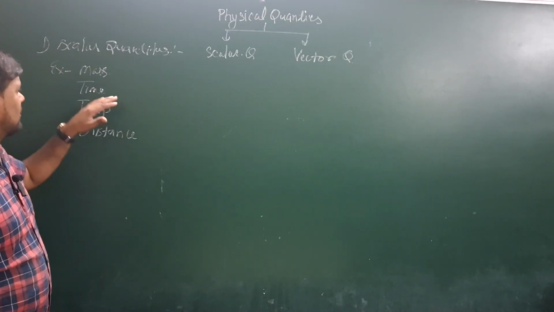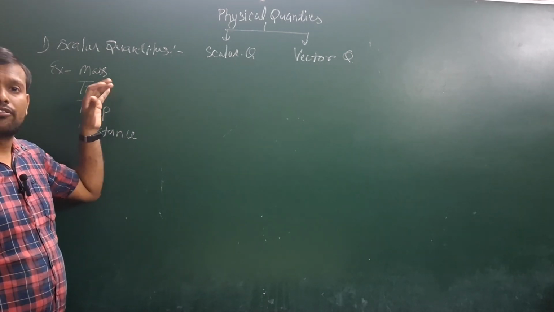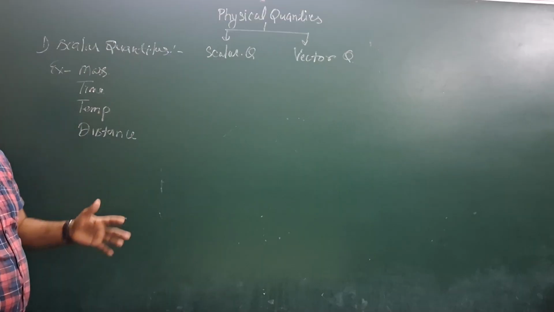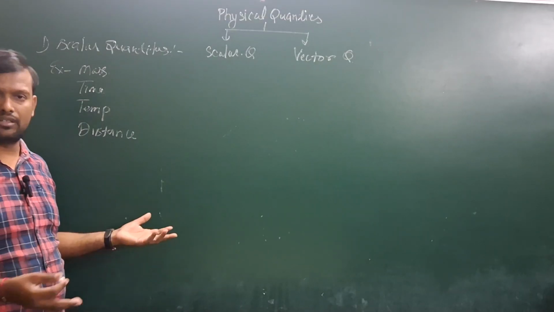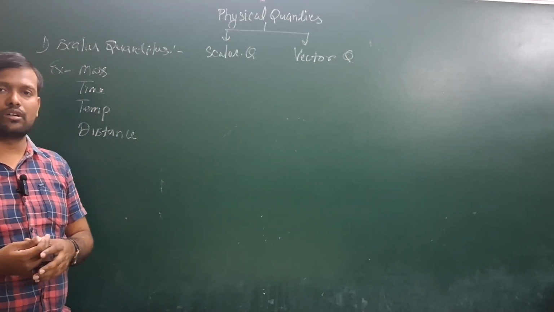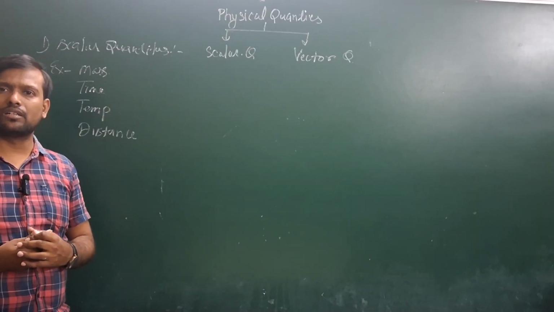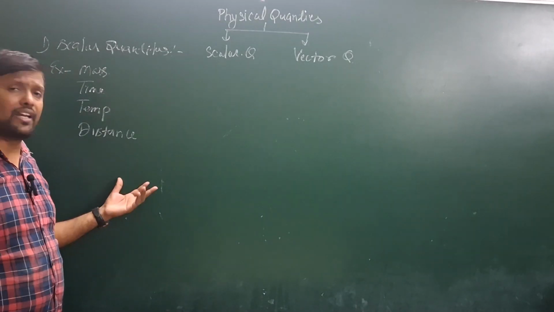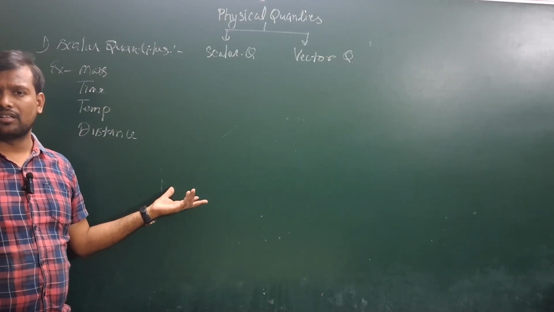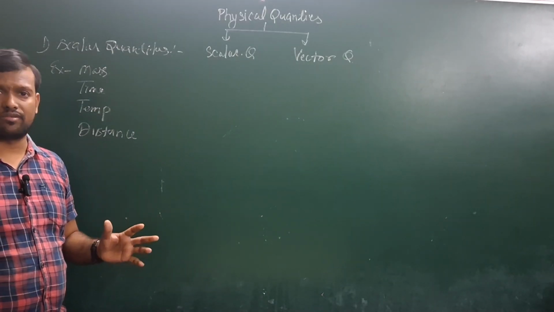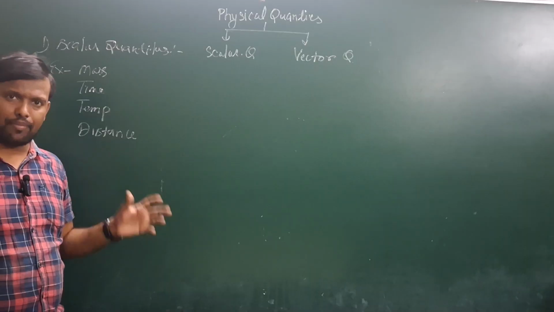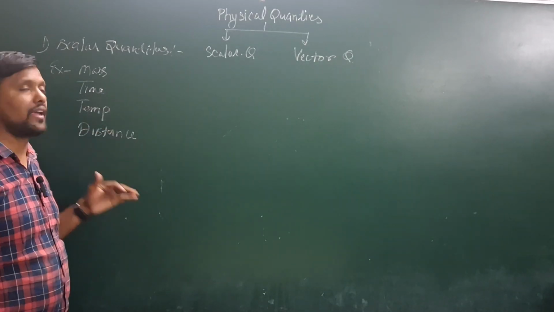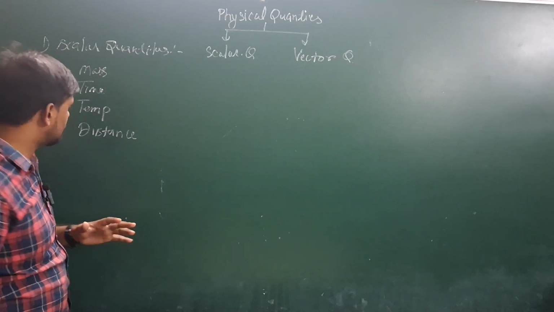That's why this is also a scalar quantity. Temperature is also scalar because today is a summer day. When the temperature rises to 45 degrees centigrade, there is no requirement of any direction. We tell only the temperature, its degree, not direction.